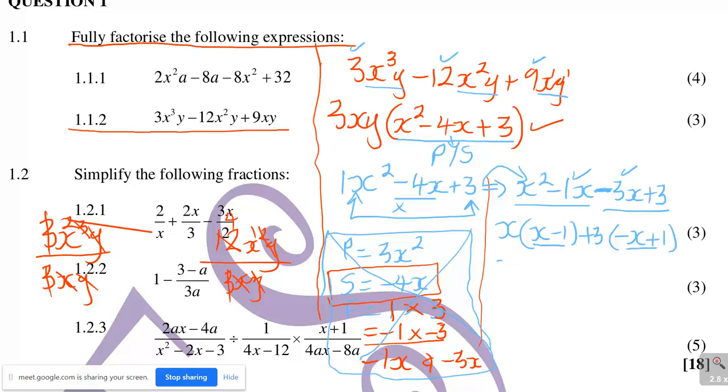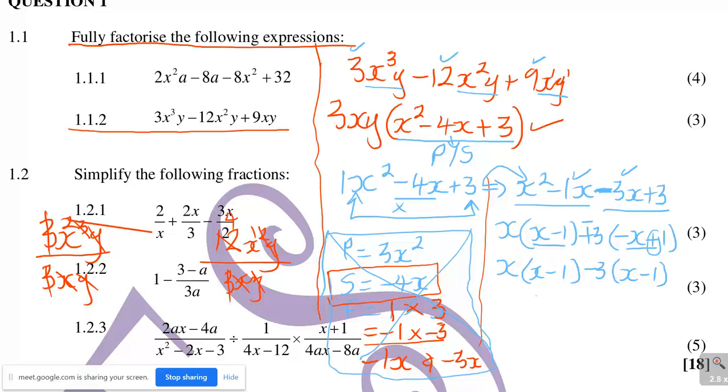Then you can come and rectify and say it's x minus 1. Then I take out a negative 3 so that it becomes x minus 1. You see that? It's always better for you to be conscious of that negative. What students sometimes do is they take out that negative there, but they forget to change it later so that it affects now the brackets, okay? So just be careful whenever you are dealing with a negative and a positive in that case.